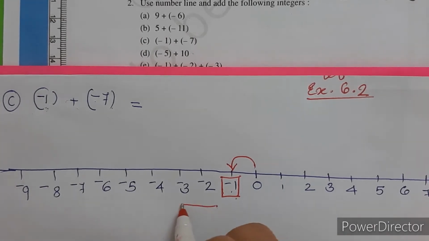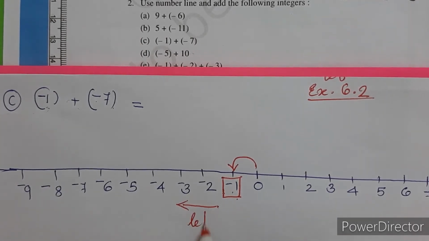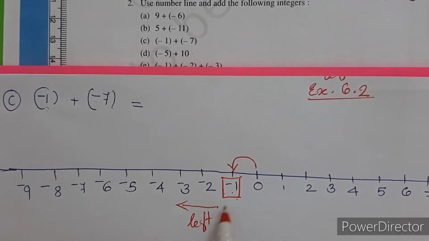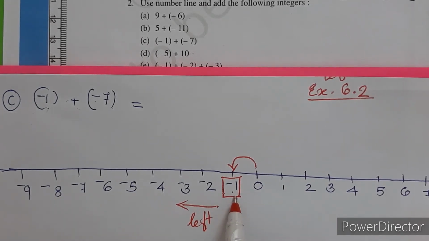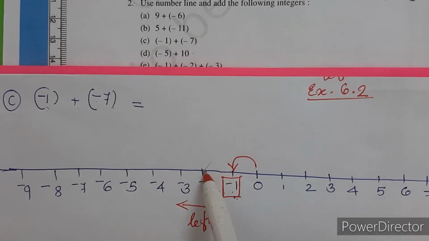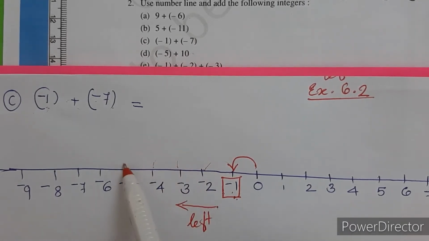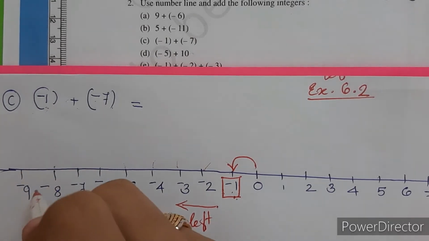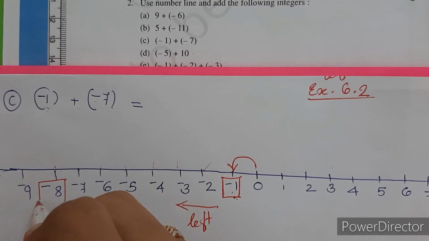This is the left direction. From this point we can move 7 points, right? So 1, 2, 3, 4, 5, 6 and 7. So we can reach minus 8.